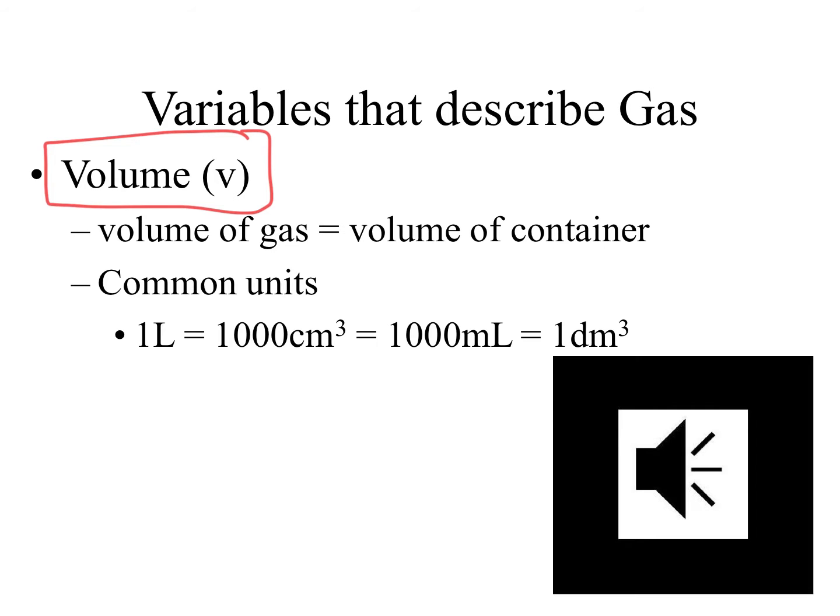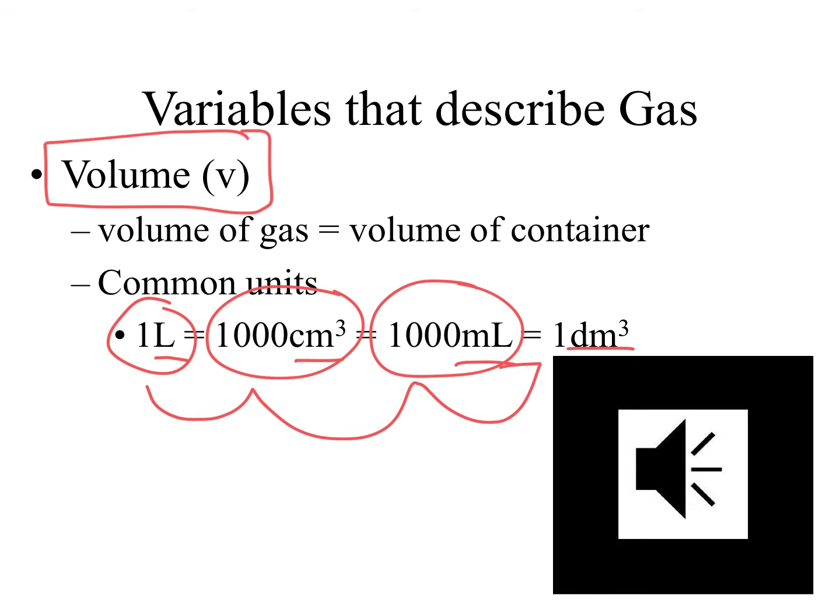So some units we can use: liters, cubic centimeters, milliliters, decimeters cubed or cubic decimeters. But the common ones are really liters, cubic centimeters, or milliliters. And as you can see, these are all equal to each other. So when we're converting back and forth, you can use these as a conversion factor to convert from one to the other. All right, but we definitely can describe gases by volume.